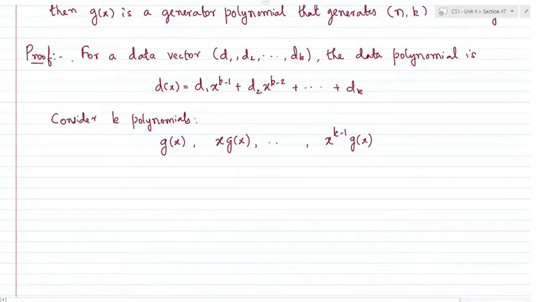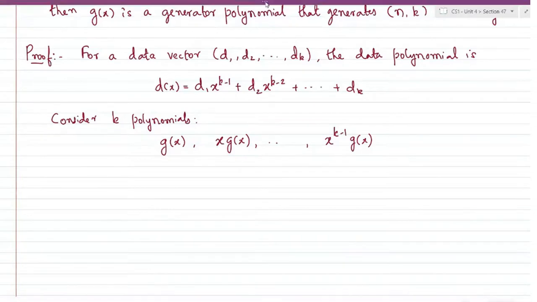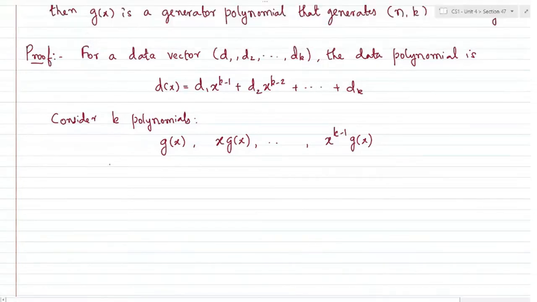Each of these polynomials has a degree: n minus k, n minus k plus 1, up to n minus k plus k minus 1, which is n minus 1 respectively.